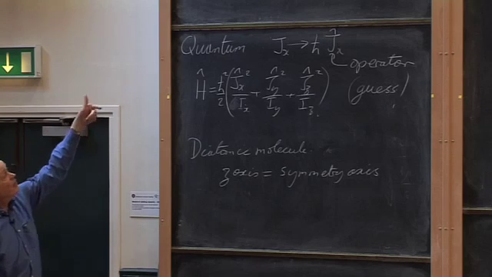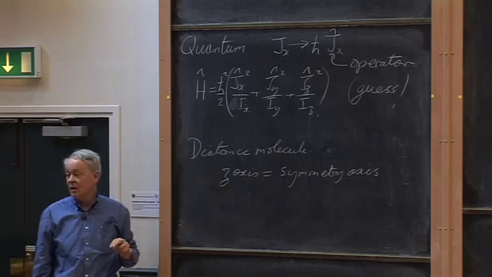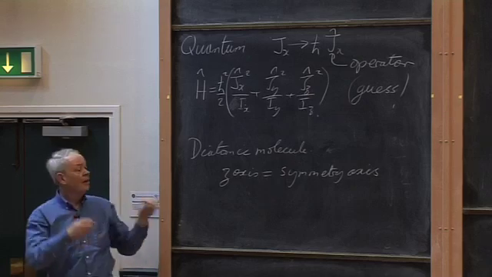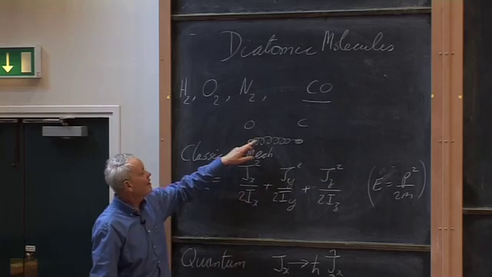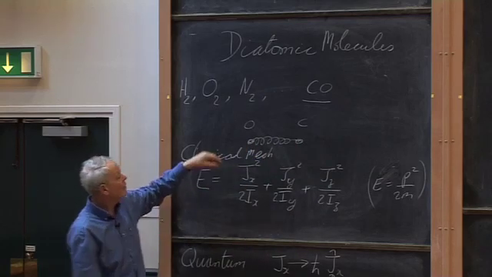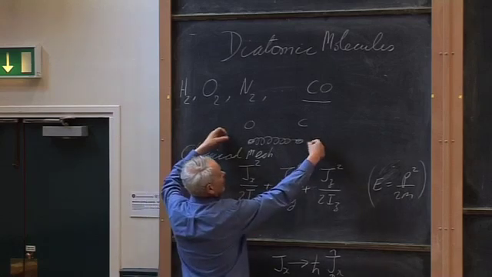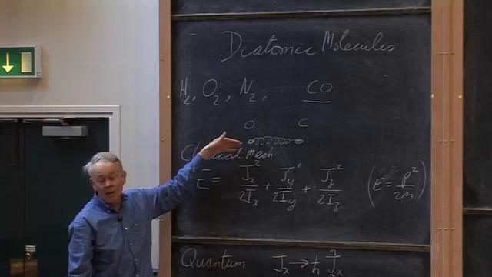Then the moment of inertia around that z-axis is negligible, because all the mass in this molecule is almost entirely contained in these nuclei, which are very close to being point particles. And if you rotate it around this axis, those nuclei provide very little moment of inertia.